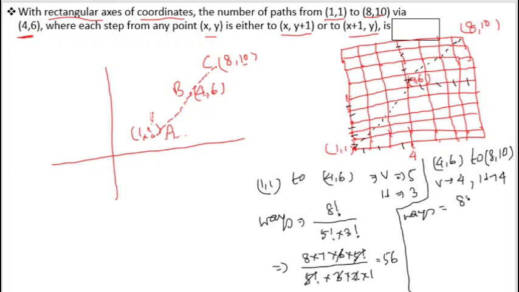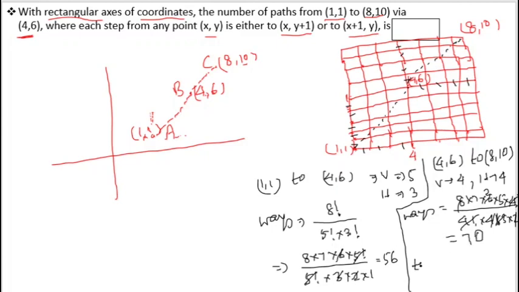We can write it as 8 into 7 into 6 into 5 into 4 factorial divided by 4 factorial into 4 factorial, which we can write as 4 into 3 into 2 into 1. So 4 factorial will get cancelled out, 4 twos are 8 will get cancelled out, 3 will get cancelled by 2, and we are left with 7 twos are 14 into 5, that is 70.